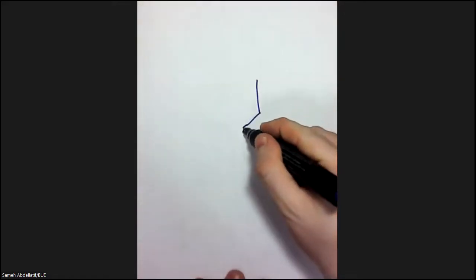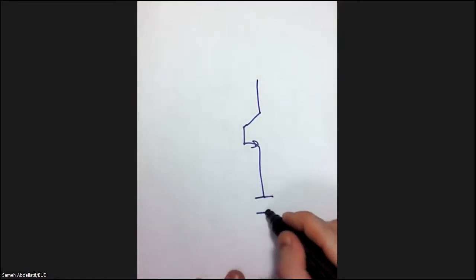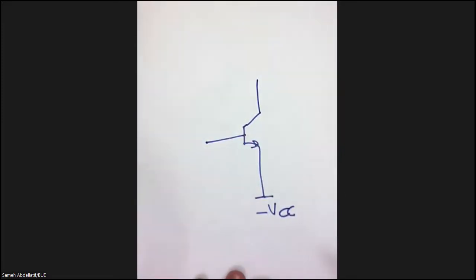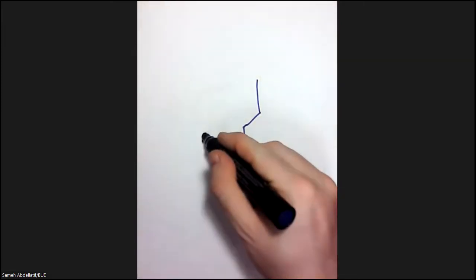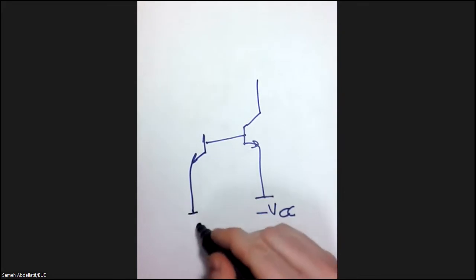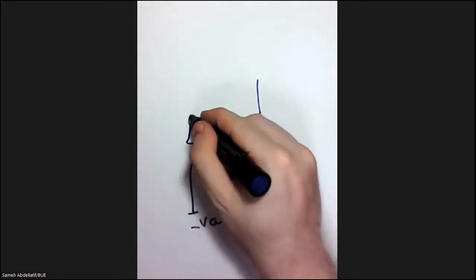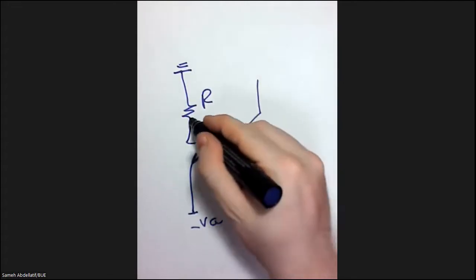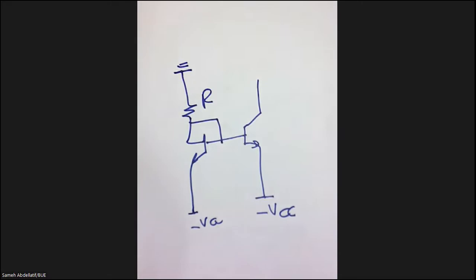So I will just draw the bottom half of our circuit, including this negative VCC, and here we have a diode. So now I will plot this diode as a transistor. So this is simply how the circuit looks.